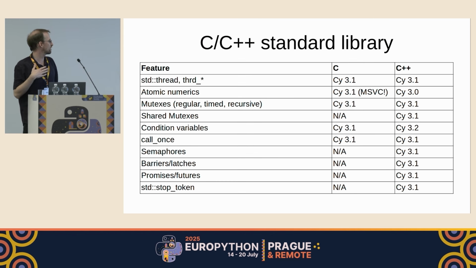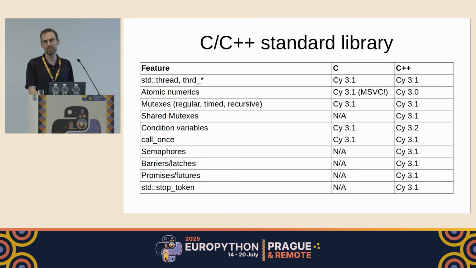You've got condition variables, call once, which does what it says, and semaphores, latches, barriers, which are lower level but faster tools, and a few other things. These are mostly wrapped in the current release of Cython. One or two will be in the next release. And these are available to you, and you can check them out.